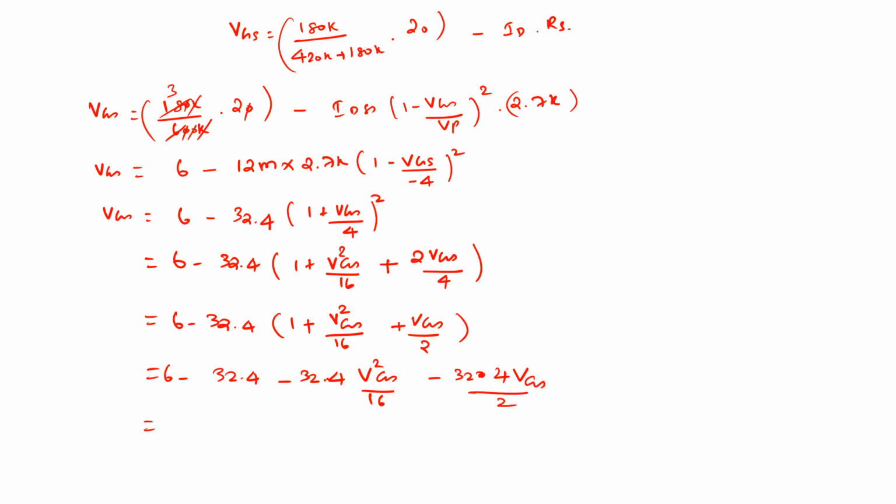So 6 minus 32.4 is minus 24.4, minus 32.4 divided by 16 is 2.025 VGS square, and 16.2 VGS.